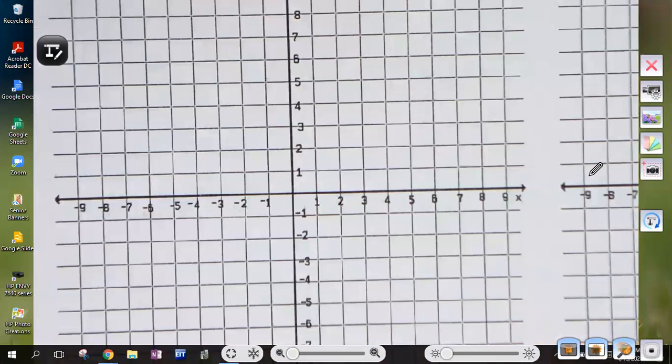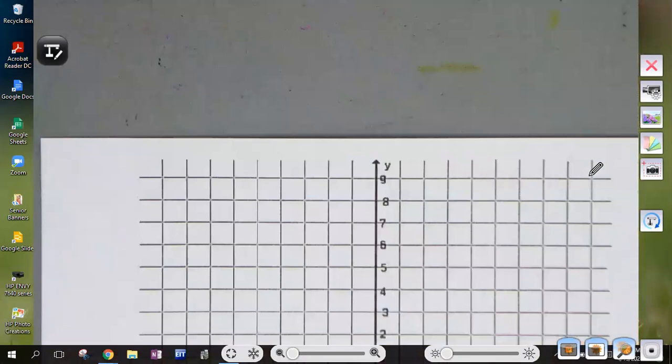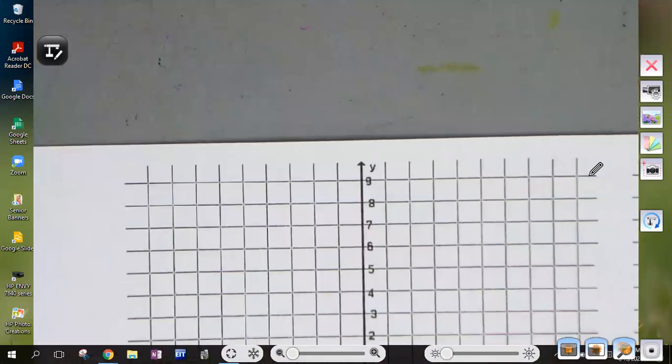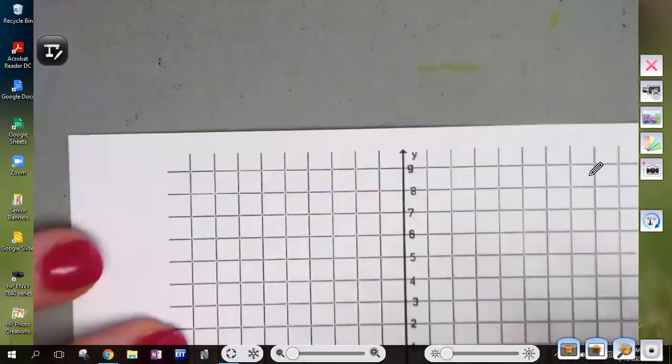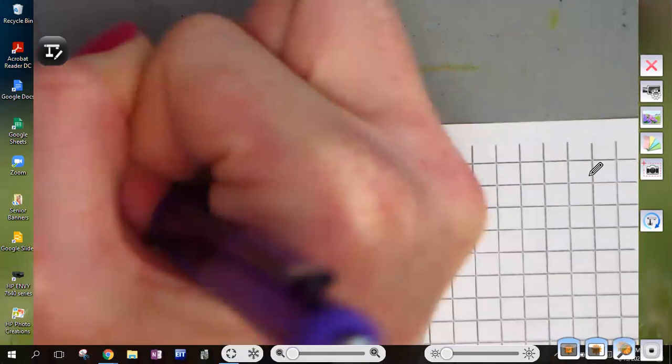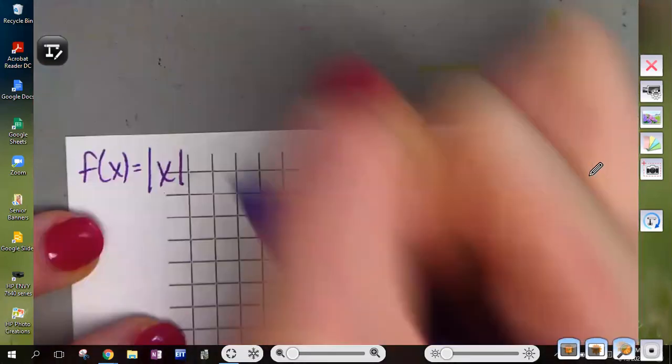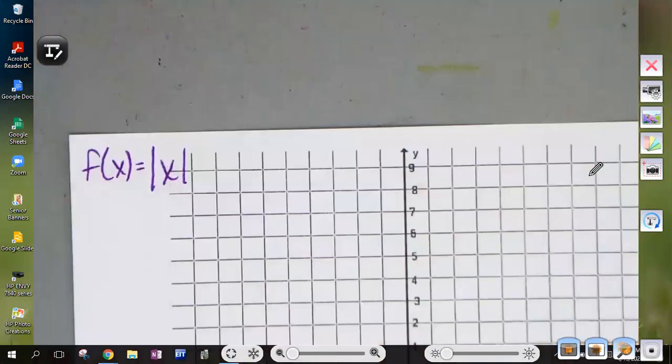Okay, so we are going to look at absolute value functions and then we're going to do an inverse of an absolute value function. So this was like a week ago when we did it, so we're going to ease our way back in. Okay, so first function was the basic absolute value function, f of x equals the absolute value of x.